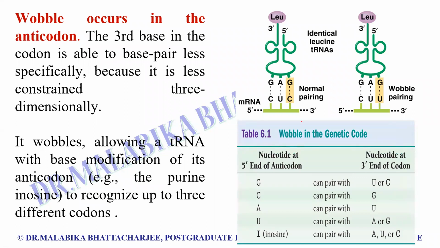Now, in the process of translation, when an mRNA codon is positioned in the ribosome in its decoding center, that codon is recognized. Check out the direction of the mRNA. It is 5' to 3'. Check out the direction of the tRNA, 5' to 3', drawn with arrows.